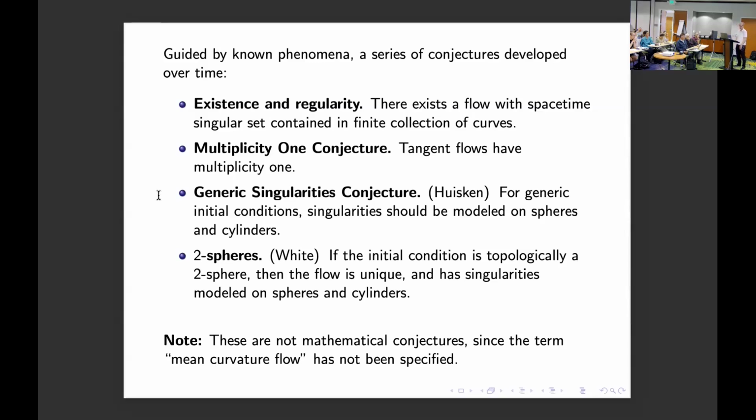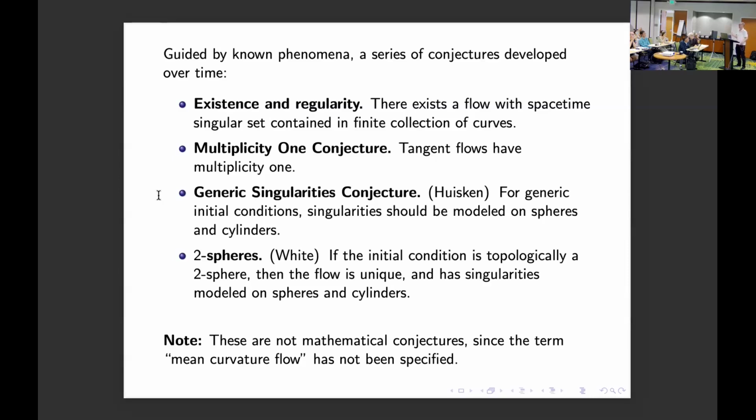and then there are various conjectures about what should happen if you're allowed to take a generic initial condition, right? So maybe if you choose the wrong initial condition, maybe some complicated singularity could form, like the one that I showed before with high genus. But if you're allowed to perturb the initial surface, or if you're looking at a generic initial condition, then maybe the behavior is quite a bit simpler. Okay, so from the PDE viewpoint, this is actually a broad agenda.